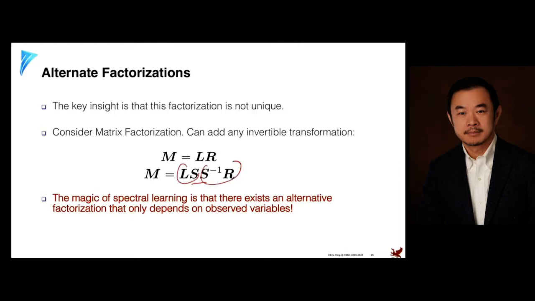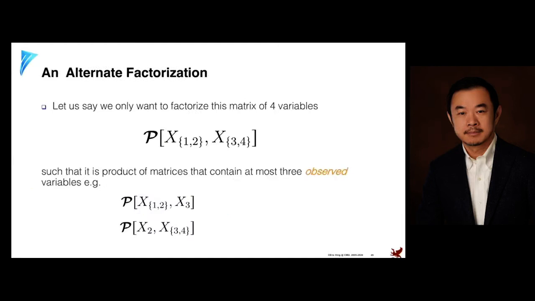So that's another factorization. The spectral learning algorithm has this magic that by choosing some appropriate S, it can lead you to a factorization of the M using matrices that only include the observed random variables. Therefore, no hidden variable is needed. Okay, that's a very interesting property, so let's take a deeper look.